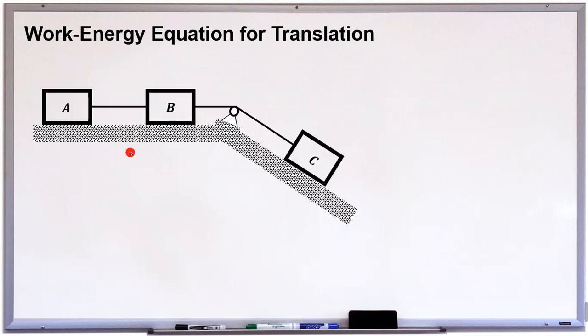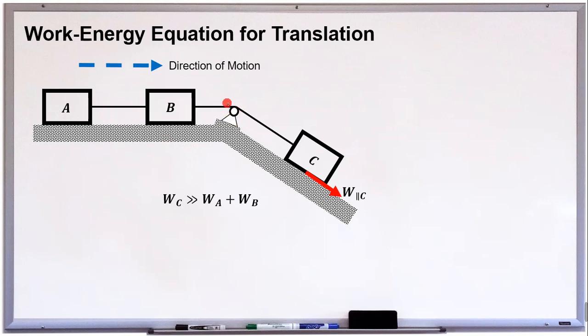Okay, let's have another diagram. Let's say that the weight of our block C is greater than the sum of the weights of blocks A and B. This type of system is a multi-body system because it comprises three blocks that are connected by this rope, and we also have a pulley right here.